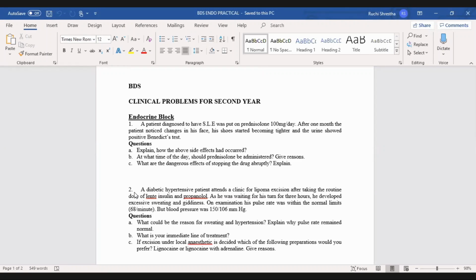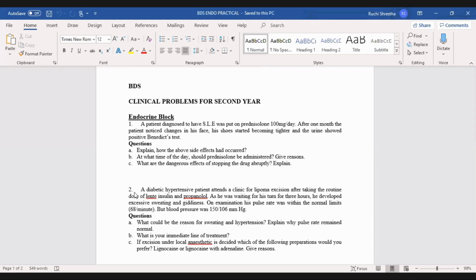And on measuring the patient's pulse rate, it was normal but blood pressure was increased. So why is the pulse rate normal? The patient is also taking propranolol. So propranolol acts on beta receptors. Pulse rate is increased due to the increase in heart rate. So normally, when heart rate increases, there is increase in pulse rate, as a result of sympathetic discharge.